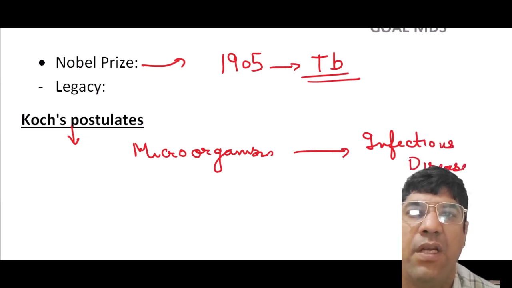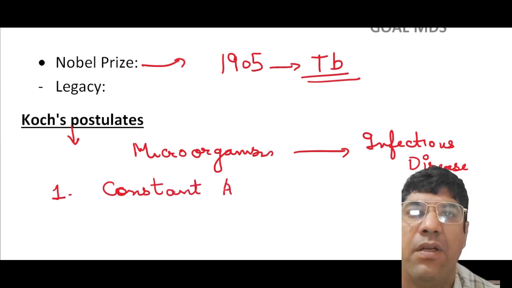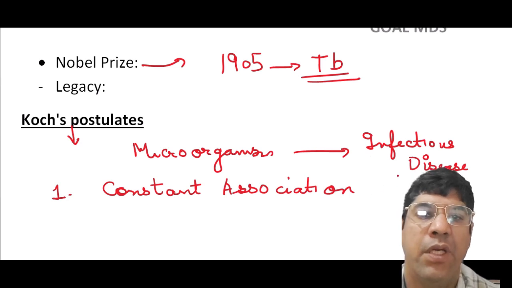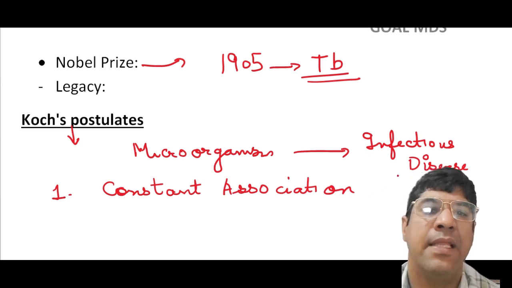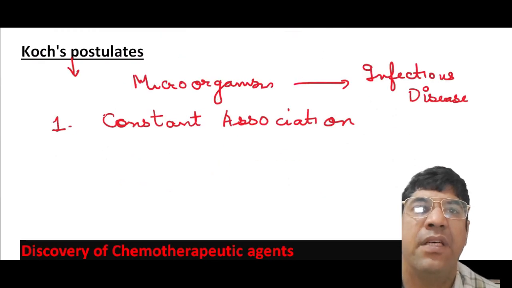So the first postulate is the constant association. What does that mean? The microorganism must always be found in an individual with the disease and should not be present in a healthy individual. Second is the isolation.